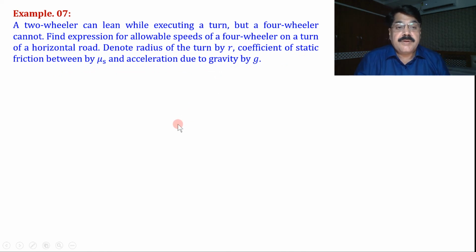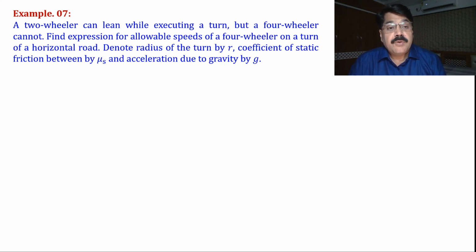On an unbanked turn, say a horizontal road, if a two-wheeler is going, it can lean and achieve the required centripetal force by friction.